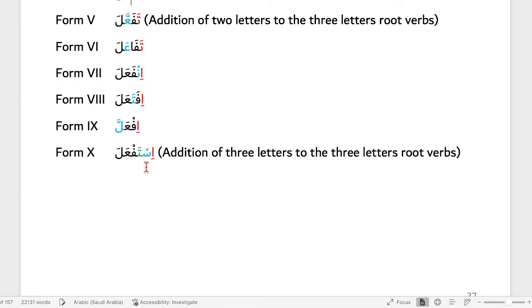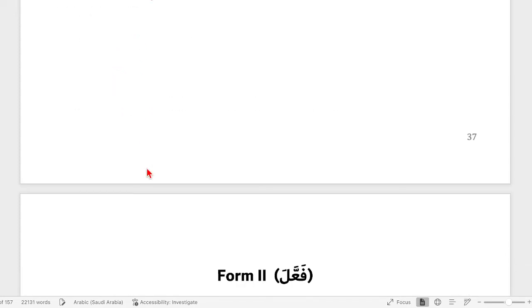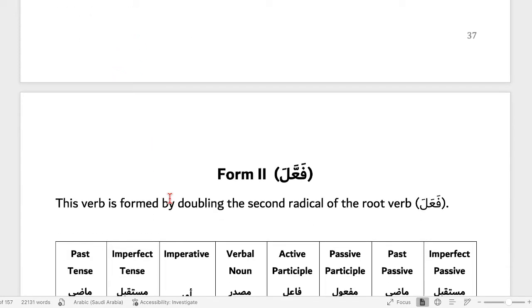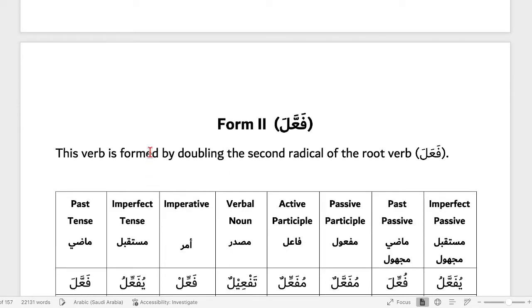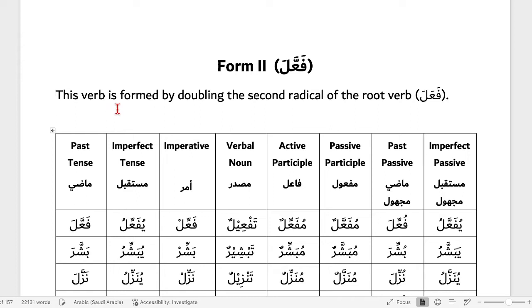The first one we have done already in detail above. So we are starting from the second one, which is fa''ala. This verb is formed by doubling the second radical of the root verb fa'ala.